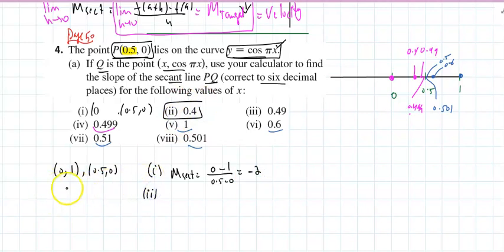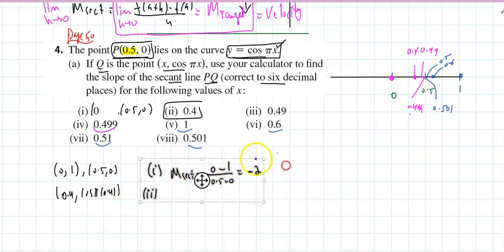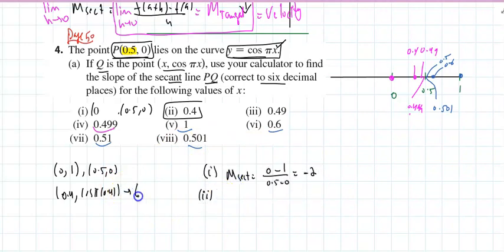When I go for the second piece, so this is I, when I go to double I, I'm going from 0.4, the cosine of pi times 0.4, right? And I'm going to run from that to 0.5, and the slope of the secant here is going to equal y2 minus y1 over x2 minus x1. And do you notice what's going to change?